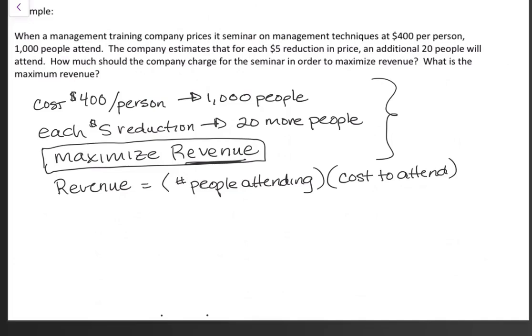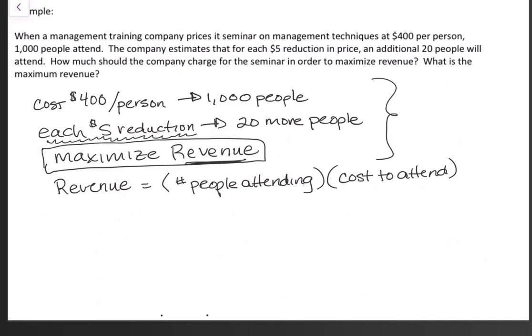So if I stick with the cost of $400, then I know 1,000 people will attend, so I know my overall revenue would be $400,000. But here's where we want to change it. When we're coming up with what this function will look like, we need to consider that we're trying to decide how many of those $5 reductions to make.